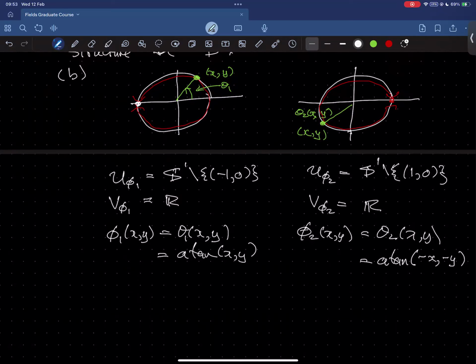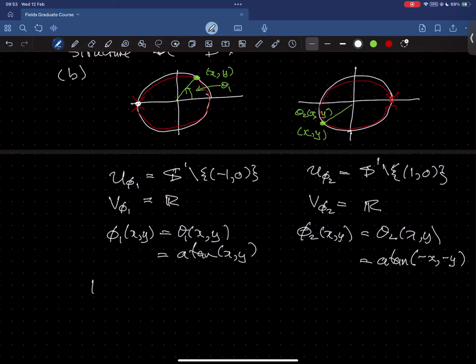All right, but it's good to do an elementary example just to convince yourself that you understand what's going on with harder examples. Okay, so I have these two charts now, so I should verify that they're compatible.